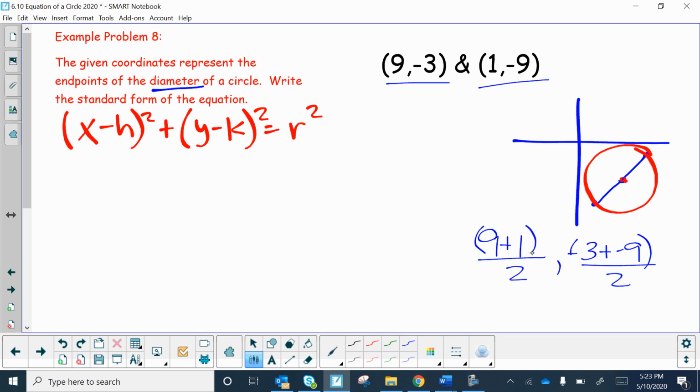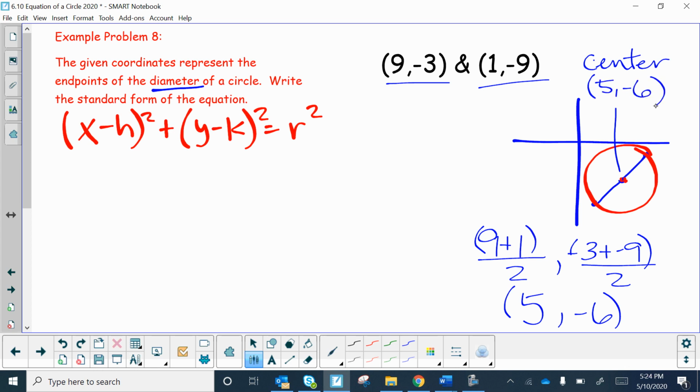Okay, so this is pretty easy. 9 plus 1 is 10. 10 divided by 2, that's going to be 5. Negative 3 plus negative 9 is negative 12. And negative 12 divided by 2 is negative 6. Okay, so now I know the center. The center of this particular circle is going to be at 5, negative 6.